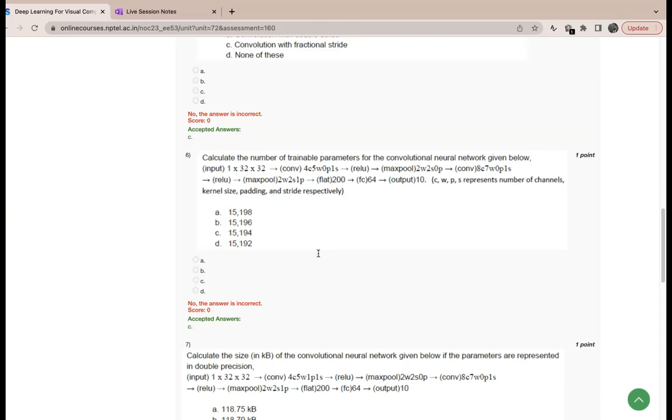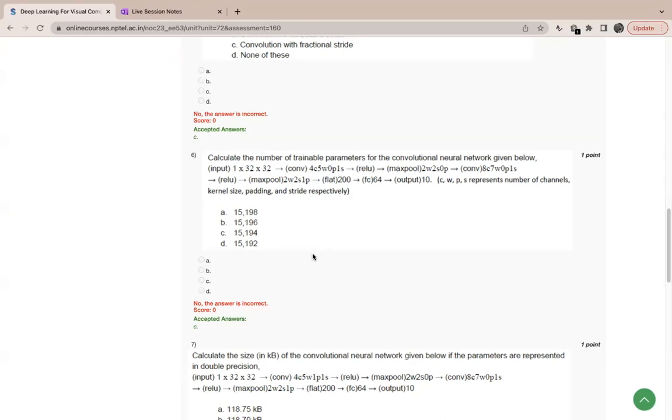Padding is 0, that is evident, and stride is 1, so that is also evident. The number of channels for the input layer is 1, and the C is the number of filters then.